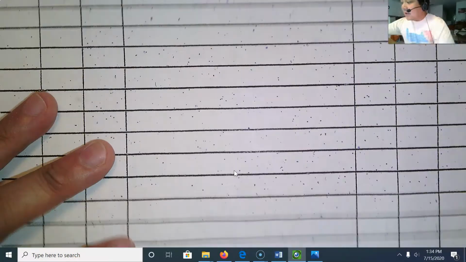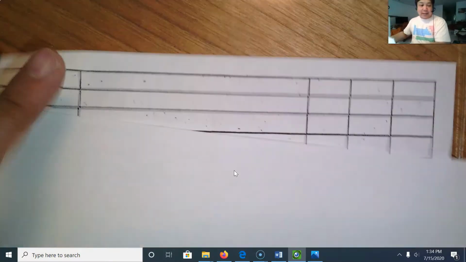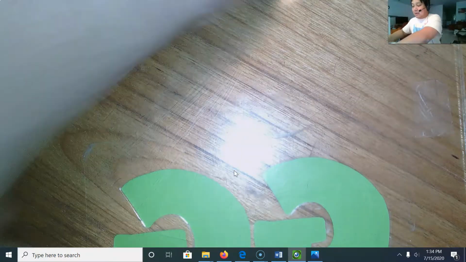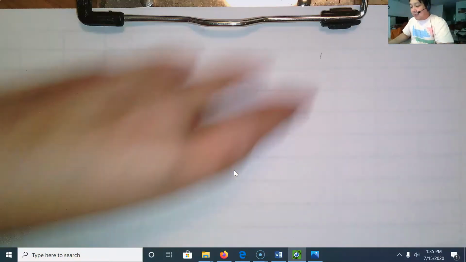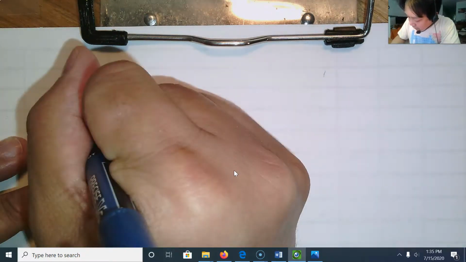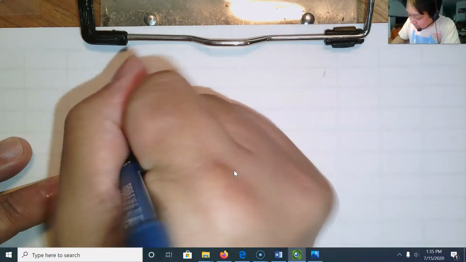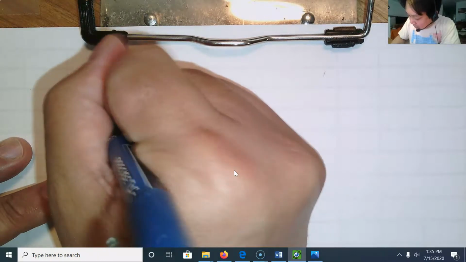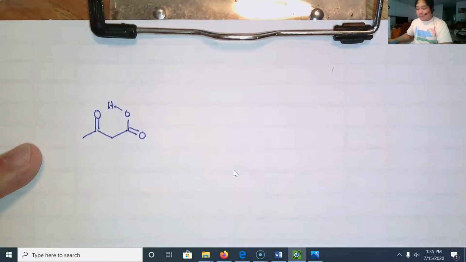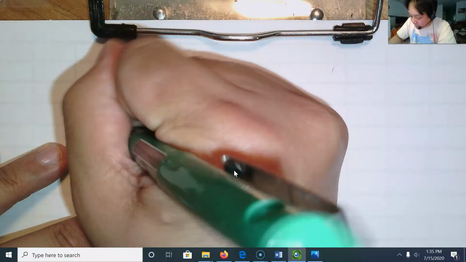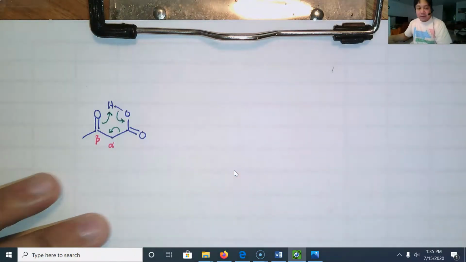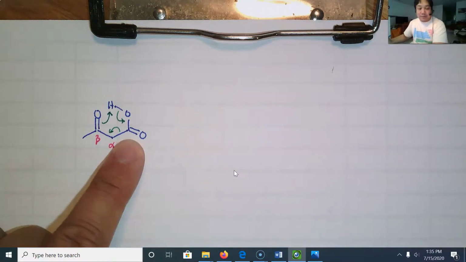Let me show you in the last 1 or 2 minutes, though, this idea: why does it have to be beta? Why can it not be alpha or gamma? Because when we draw that conformation right there, and we draw our arrows, and again, this is alpha and this is beta, relative to the carboxyl group that we're removing.